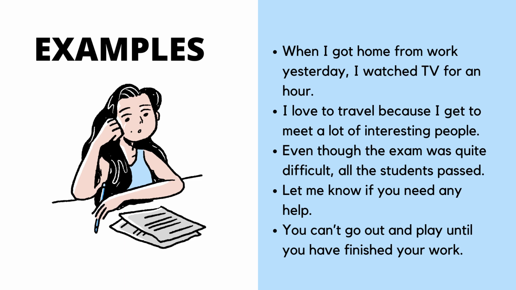Moving towards the next example, you can't go out and play until you have finished your work. Here, you can't go out and play is independent clause and you have finished your work is dependent clause. So, these were the examples of complex sentences.